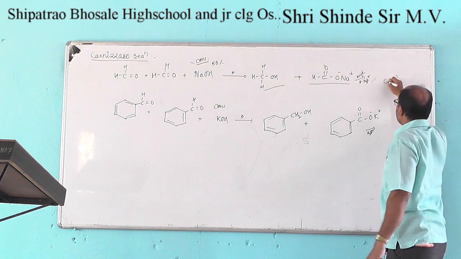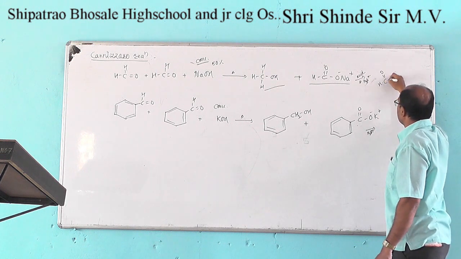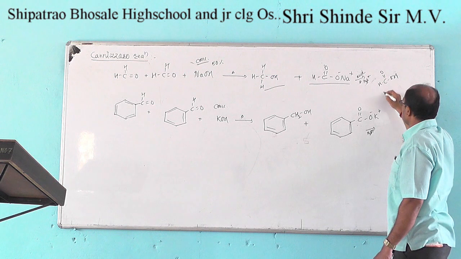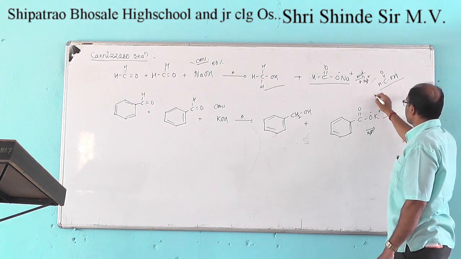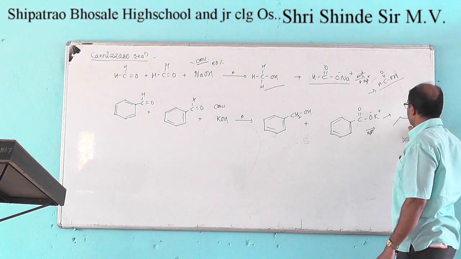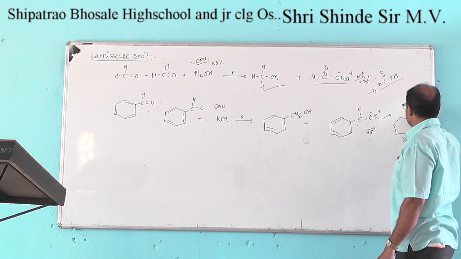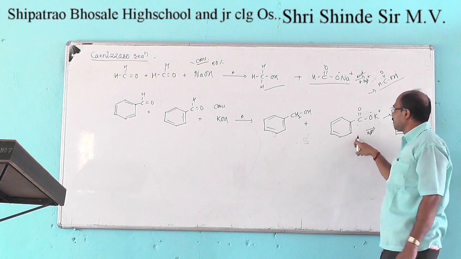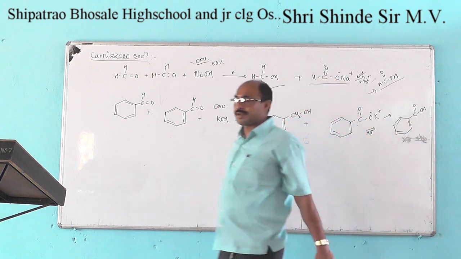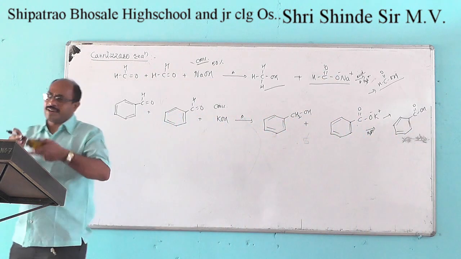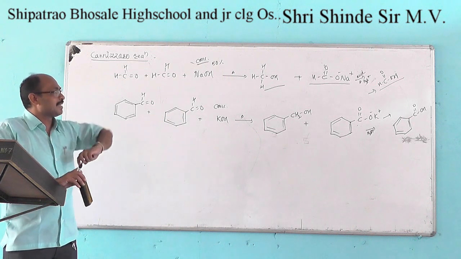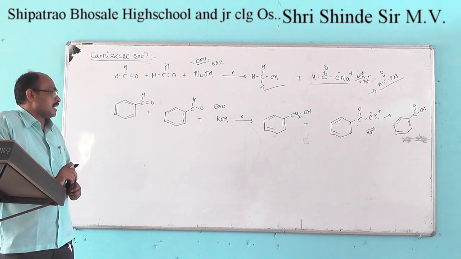Here I am drawing HCOOH, the formation of formic acid. Here the formation of the corresponding benzoic acid takes place. The potassium salt of benzoic acid or the sodium salt of formic acid, on acidification, easily gives the corresponding carboxylic acids.